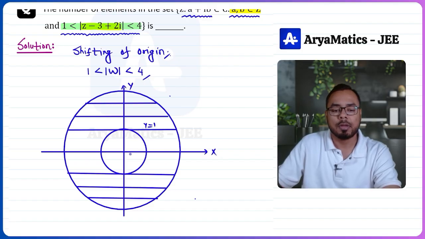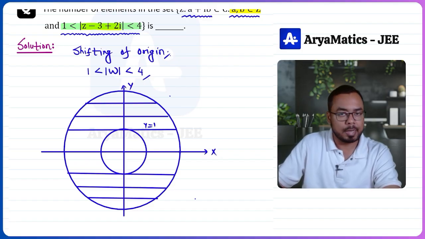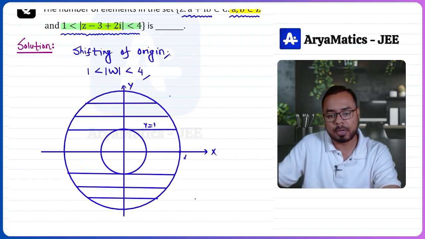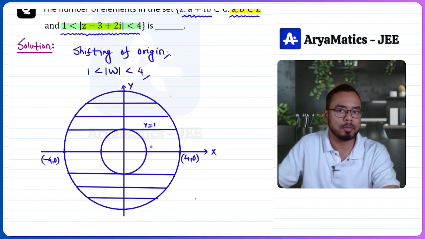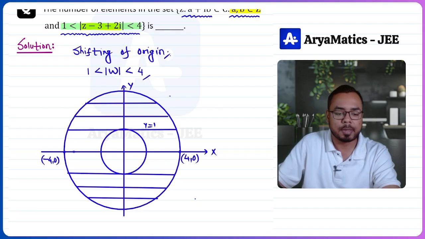Now, on the x-axis, the coordinate of this point will be 4, 0 because the radius of the bigger circle is 4. This point will be minus 4, 0. So if I talk about the line y equals 0, the x-axis, starting from minus 3, 0, minus 2, 0, minus 1, 0, 0, 0, and in this manner up to 3, 0, right?